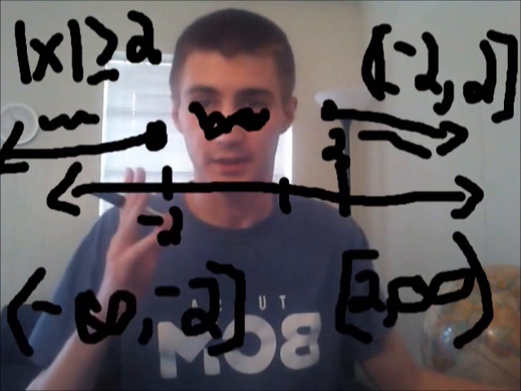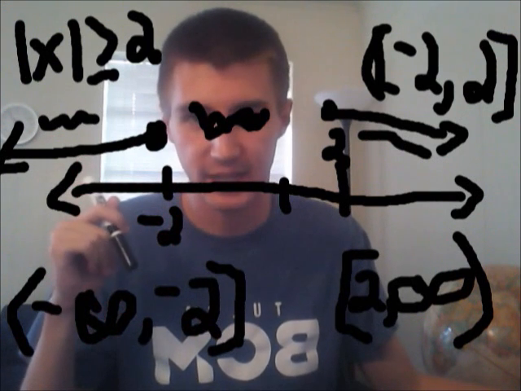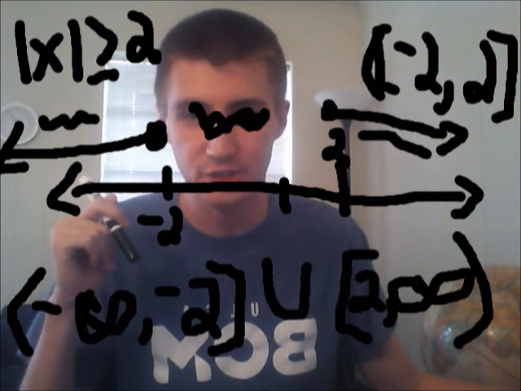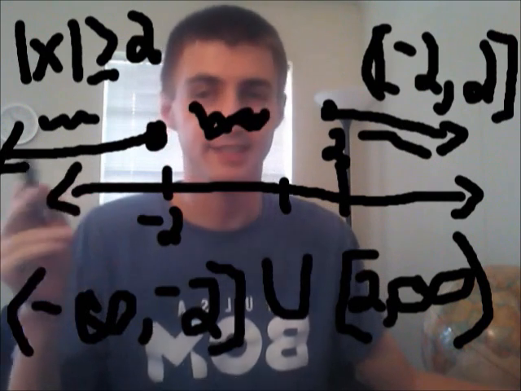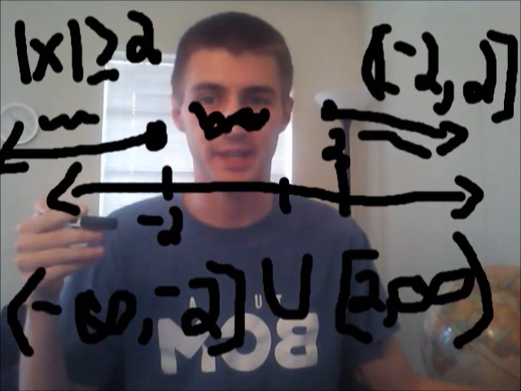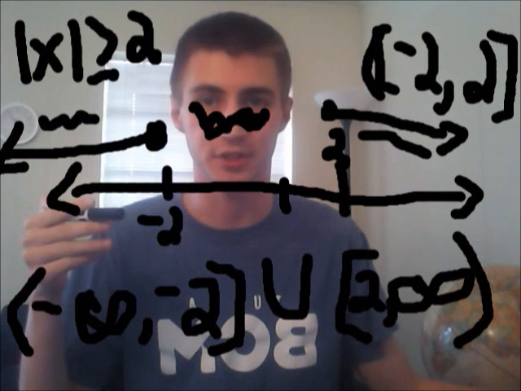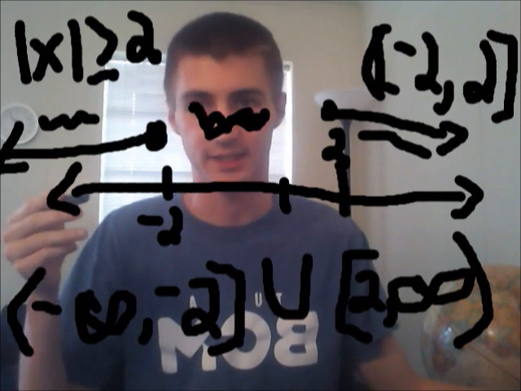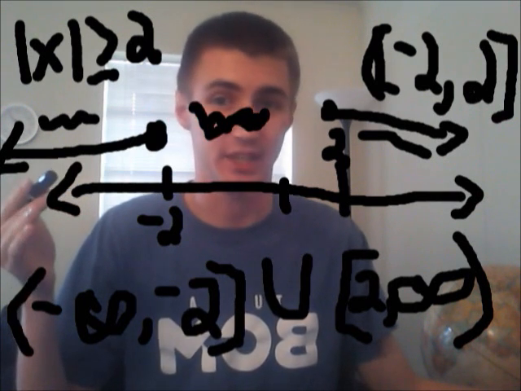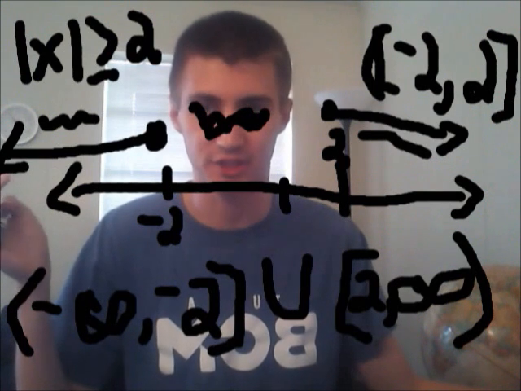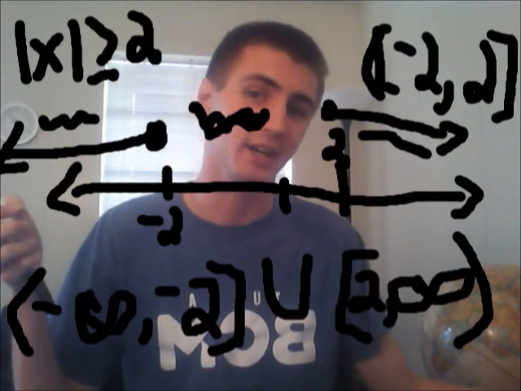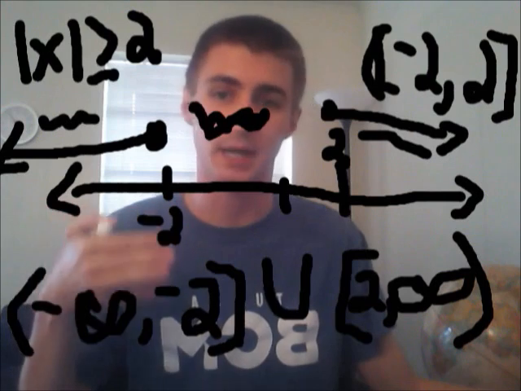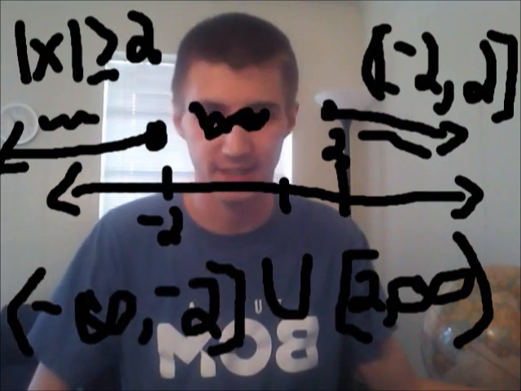Alright, so we've put it together, and now we're going to put the U sign, which essentially is saying this is going to be the union of these two sides. If you were to take the U and put it into English, you're saying -infinity all the way to -2 and +2 all the way to +infinity. So that's how you solve basic inequalities with absolute values.